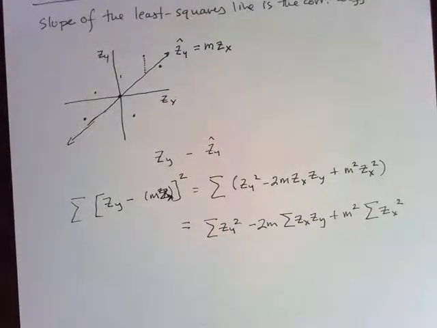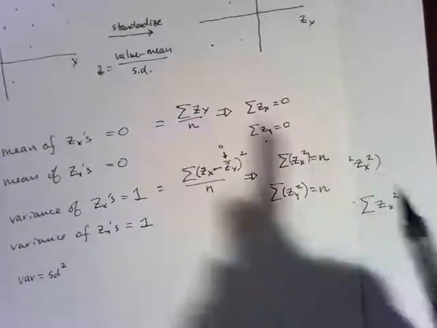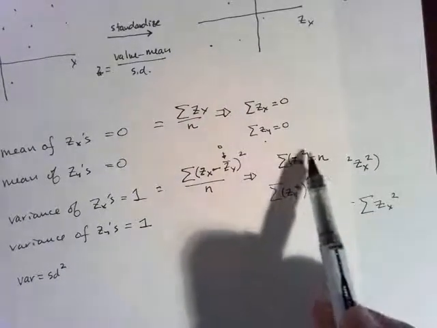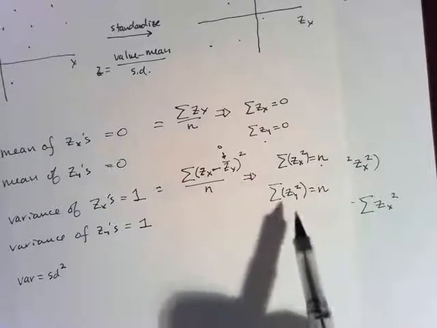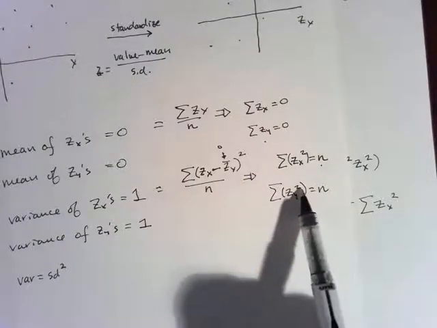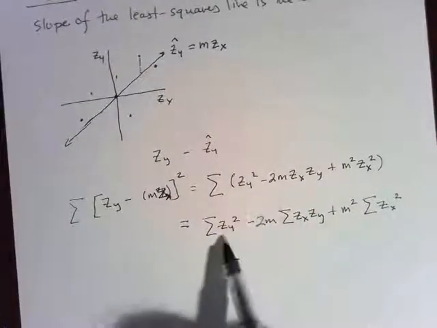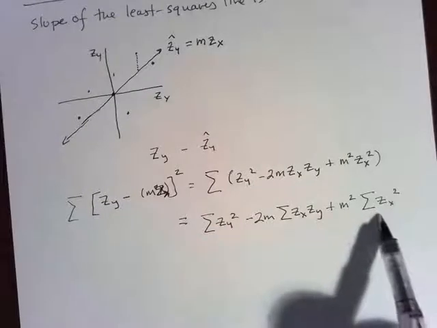Now I have to go back to that first sheet again and notice, because we're dealing with z-scores again, the property of the variances is if I square all the z-scores and add them up, I get n. I get the sample size. If I sum all the zy squared and add them up, I get n. So I have that here, and I also have it here.